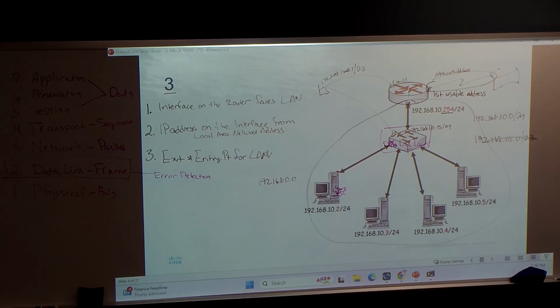What's one of the main jobs of the switch at layer 2? Did you say routing? It's not routing, because routing would happen at the router. Okay, Ty. It connects the upper layers to the physical.